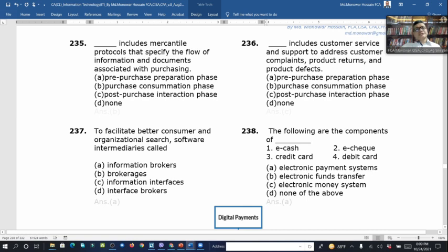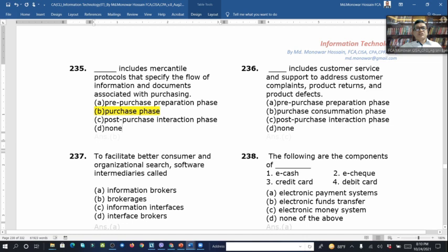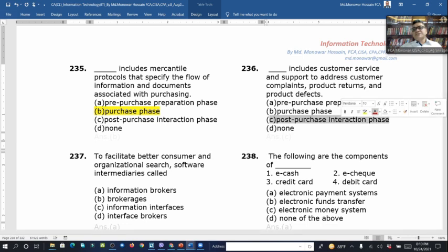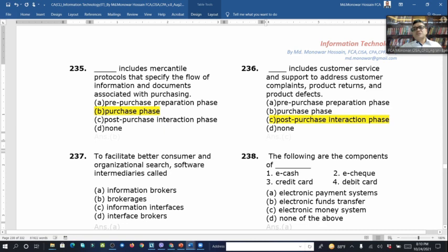So here same as in previous one, purchase phase includes mercantile protocol that specify the flow of information and document associated with the purchasing. Post purchase instruction phase include customer service and support to address customer complaint, product return, and product defects. Post-purchase instruction phase include customer service and support to address customer complaints, product return, and product defects.